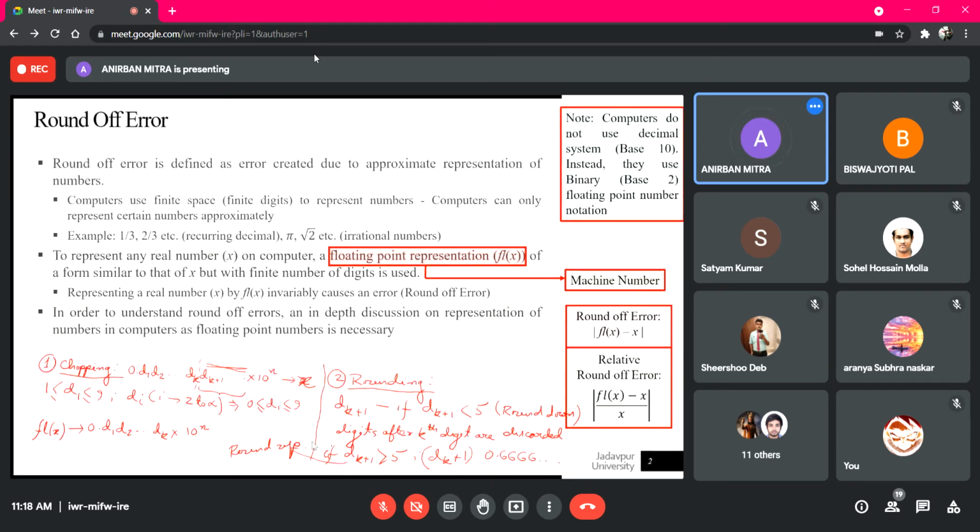So this actually underlines that we need to understand round off errors, and in order to do so, an in-depth discussion regarding the representation of numbers in computers, in computer memory, is necessary.